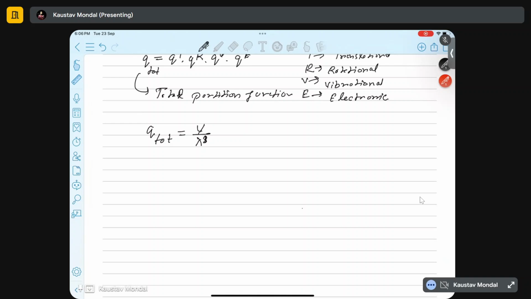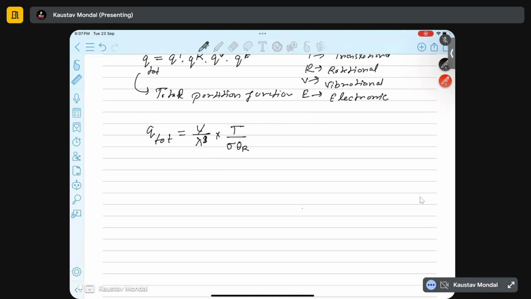For rotational, it's T by sigma theta, where theta is the rotational temperature, T is the temperature of the experiment, and sigma is a factor. For a heteronuclear molecule, sigma takes the value 1. For a homonuclear molecule, sigma takes the value 2.